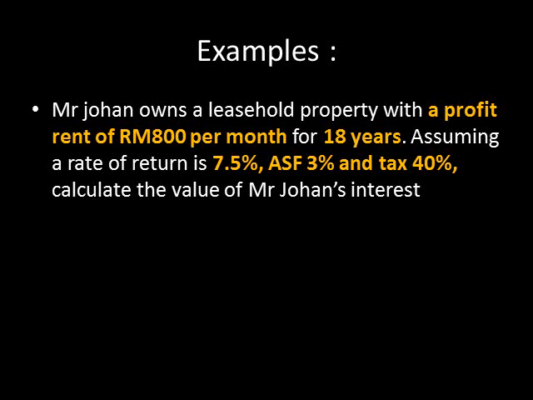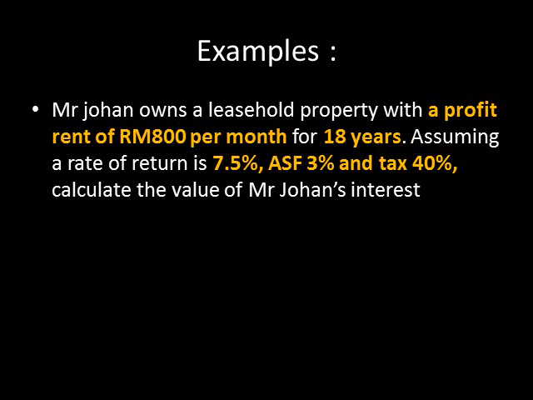The ASF is 3%, so the sinking fund for this is 3%. And tax 40%. This tax refers to the income tax given according to the budget every year by the government.